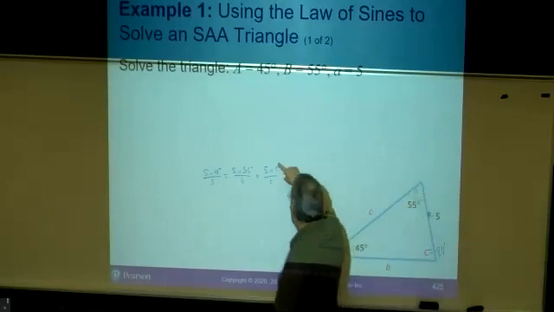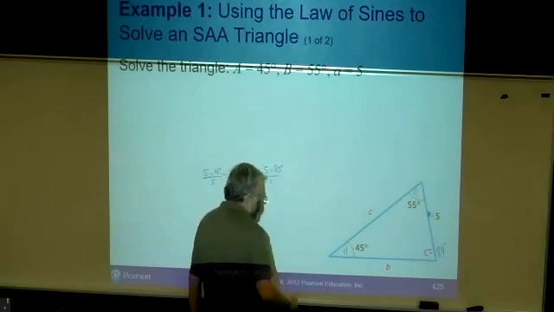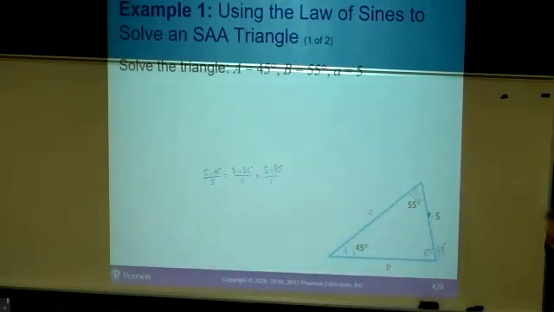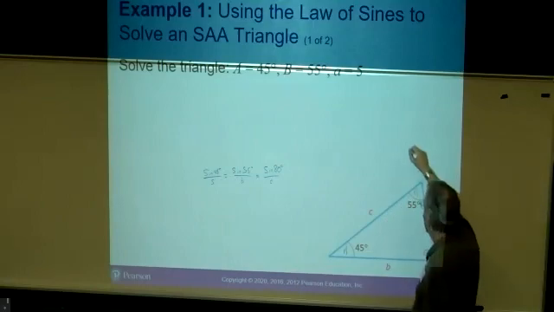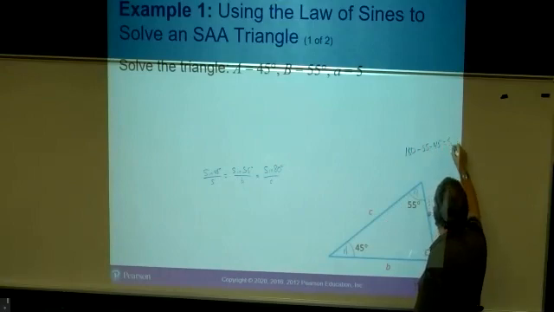So sine of C is the sine of 80, because 180 minus 55 minus 45 equals 80.